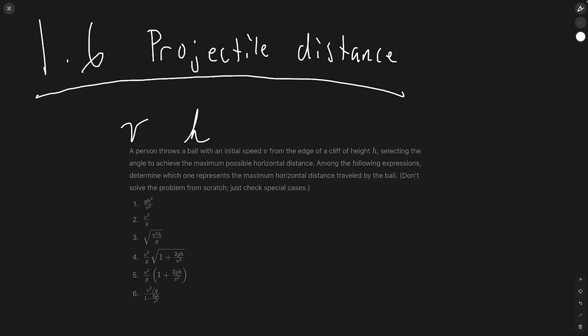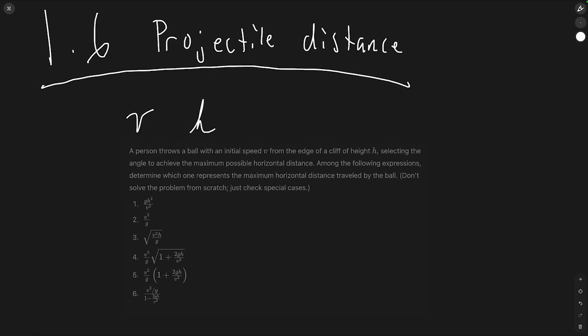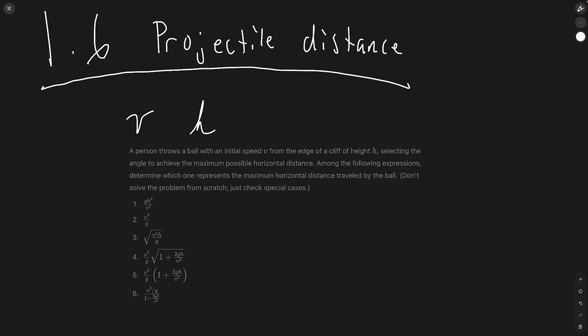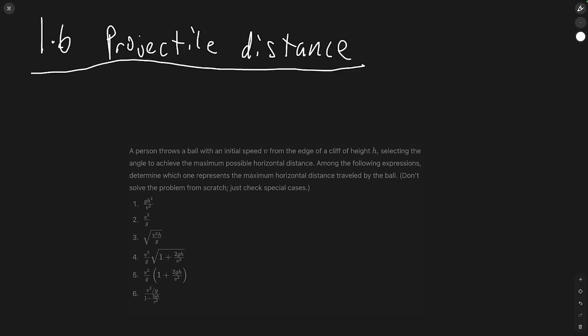Selecting the angle to achieve the maximum possible horizontal distance, among the following expressions, determine which ones represent the maximum horizontal distance traveled by the ball. Don't solve the problem from scratch, just check special cases.